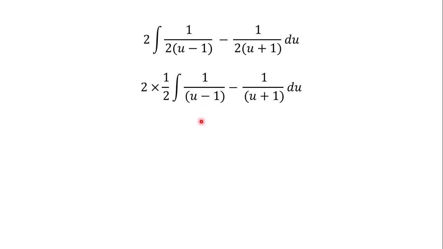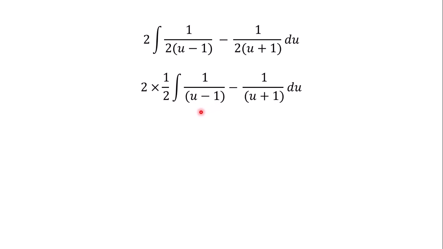Natural log, absolute value of u minus 1. We get that because we know that the integral of 1 over u is ln absolute value of u, and we can make it single by making another substitution. Say p is equal to u minus 1.